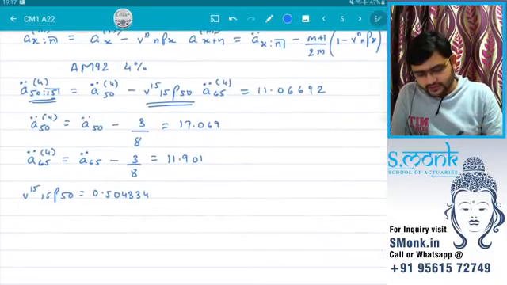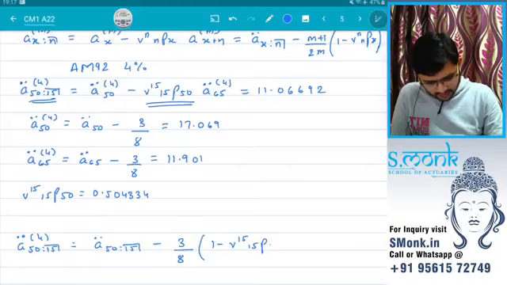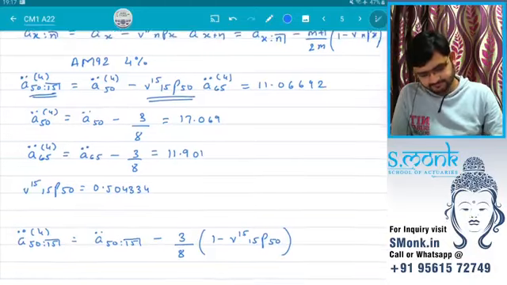So we could have written this ä 50:15 payable 4 times as ä 50:15 minus (m minus 1), that is 3, upon 2m, that is 8, into 1 minus v raised to 15, 15p50. So we have already calculated this.